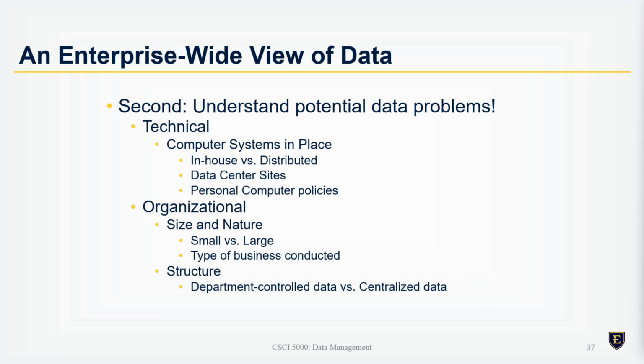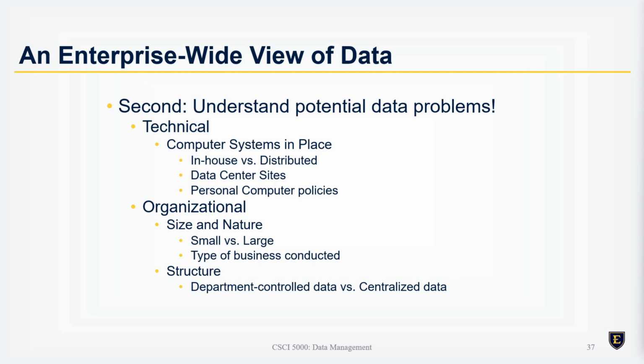We could have personal computers, laptops, and tablets that have data on them, and even mobile devices. And we also probably need to ensure that the data is protected in those devices. So having policies that protect the data and protect the holder of that data, for that matter, are really important.